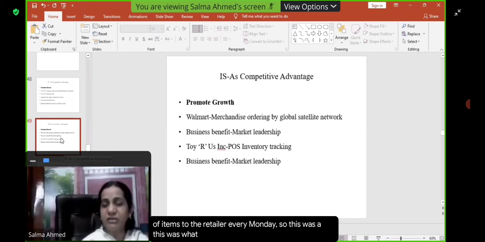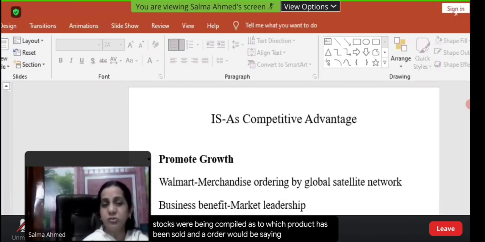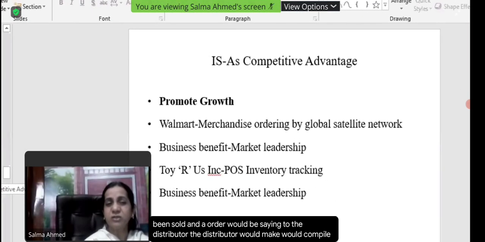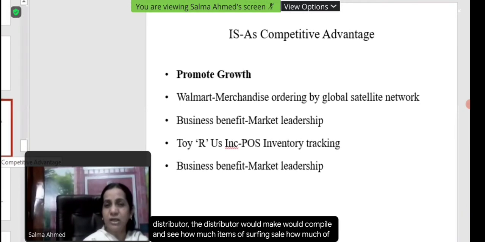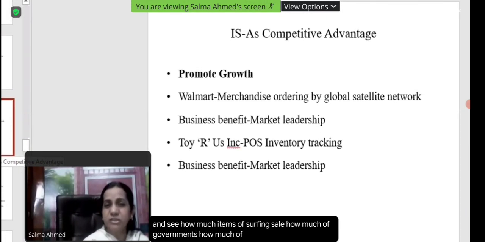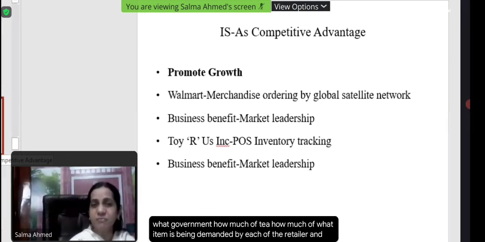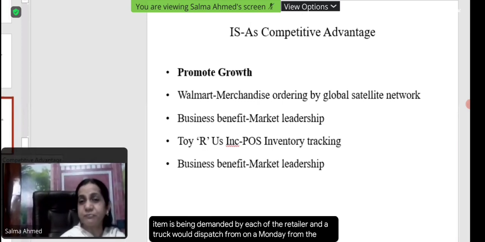Every seventh day, the stocks were being compiled as to which product has been sold, and an order would be sent to the distributor. The distributor would compile how many items of Surf Excel, how much of garments, how much of tea, how much of each item is being demanded by each retailer, and a truck would be dispatched on a Monday from the distributor to the retailer.